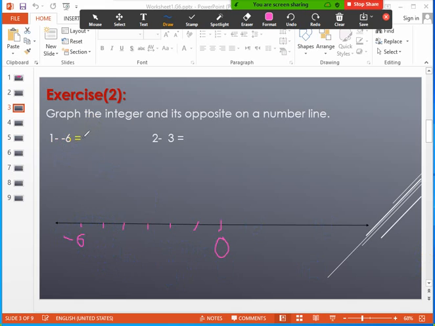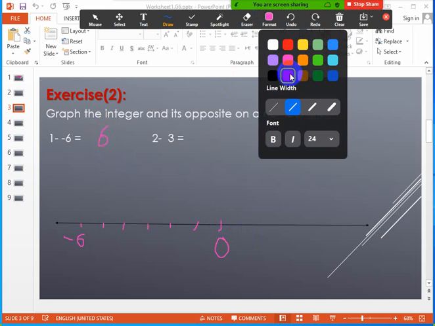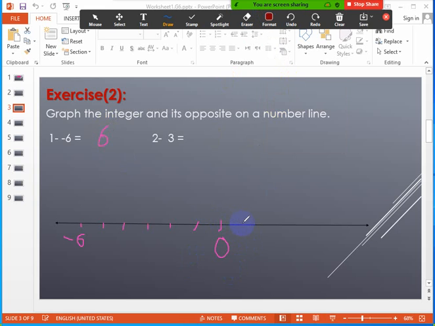Very good. The opposite of -6 is the same number but with the opposite sign. That means it will be +6. So if I want to locate this number on the number line, I have to count 6 on the right side of 0, 1, 2, 3, 4, 5, and 6. Thank you, Arwa.